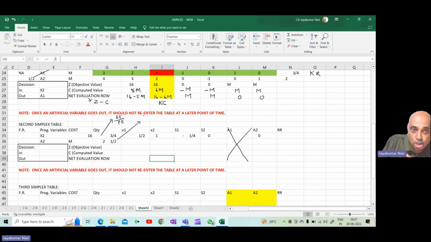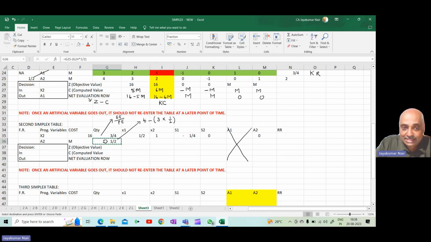Previous table, it's 4. Minus, open the bracket. In the key row, the element is 3. This multiplied by the fixed ratio, which is 1 over 2. So this is what you need to do for all the other cells.